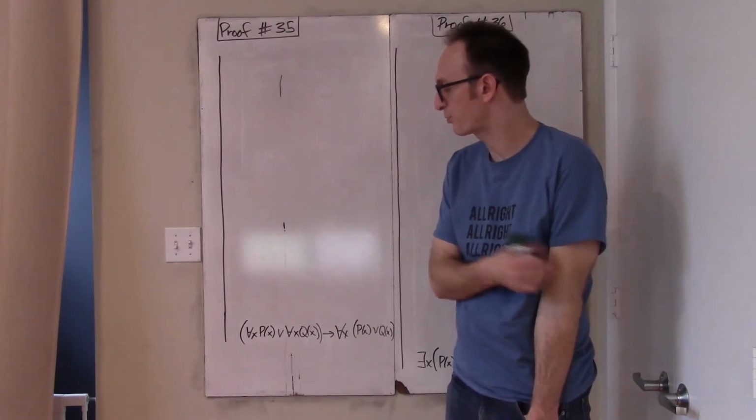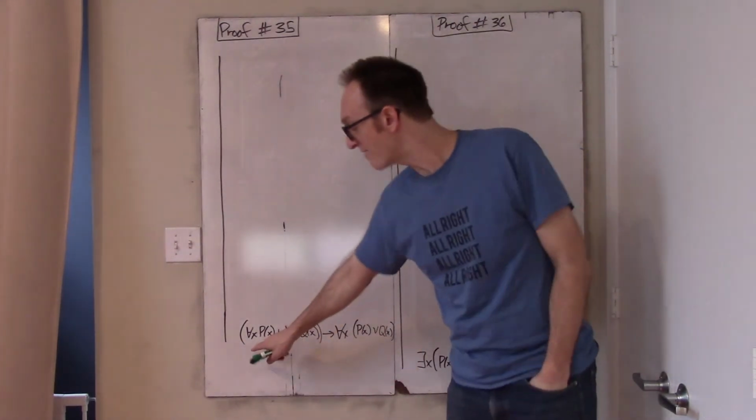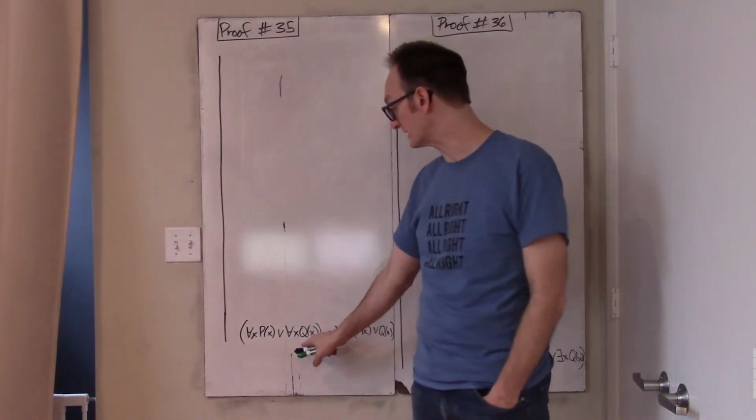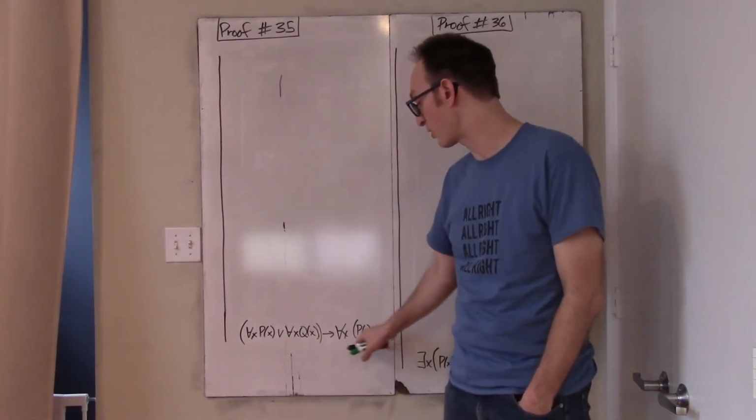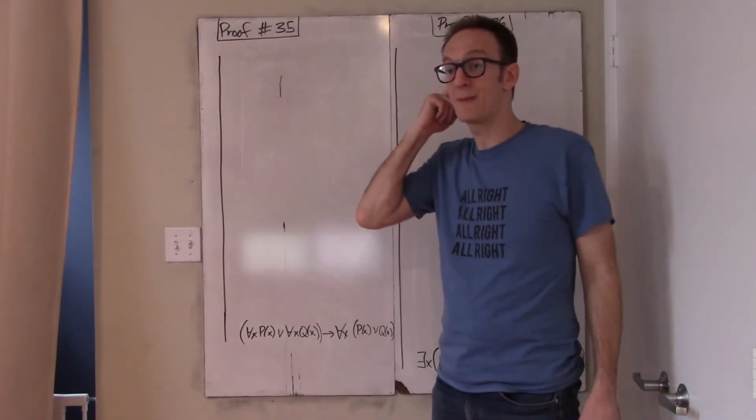If P is pretty and Q is quiet, then if either everyone is pretty or everyone is quiet, then everyone is pretty or quiet.